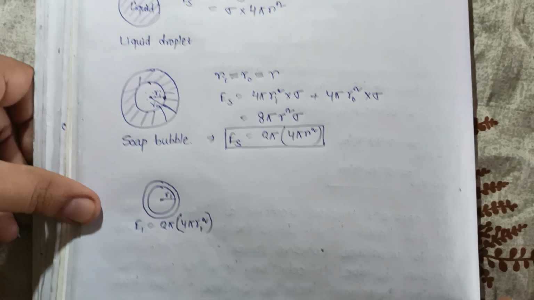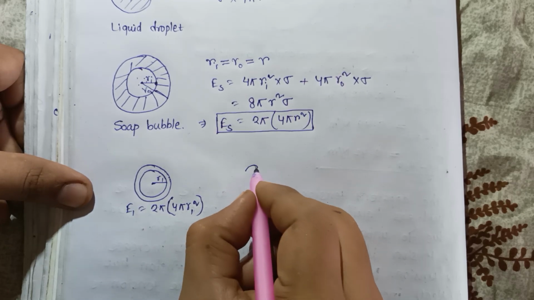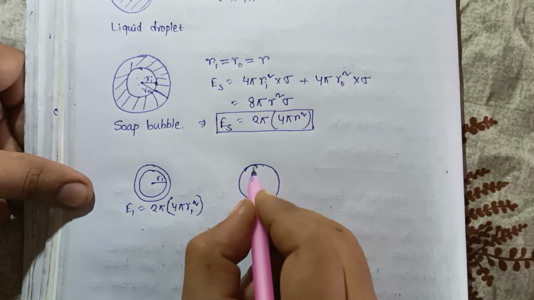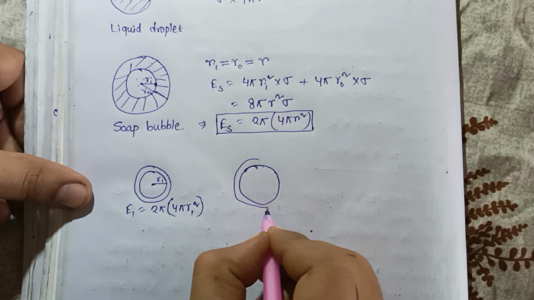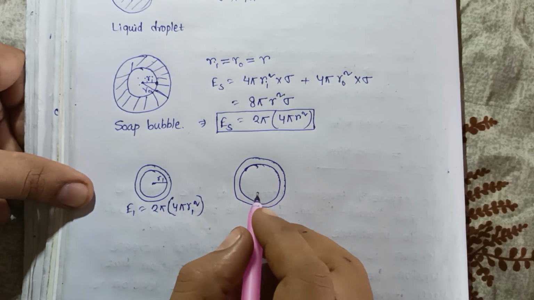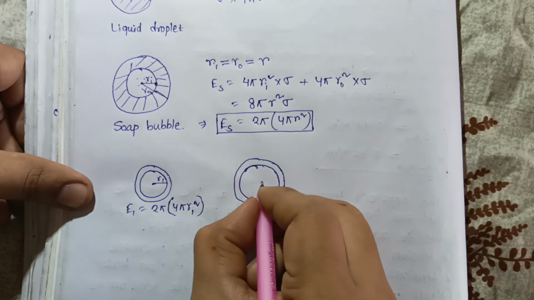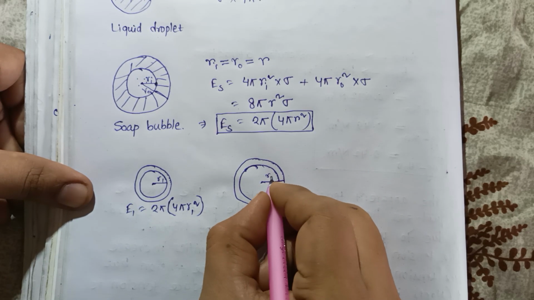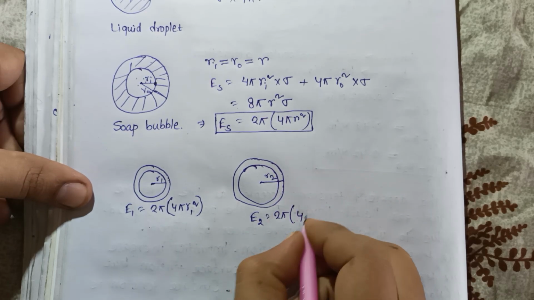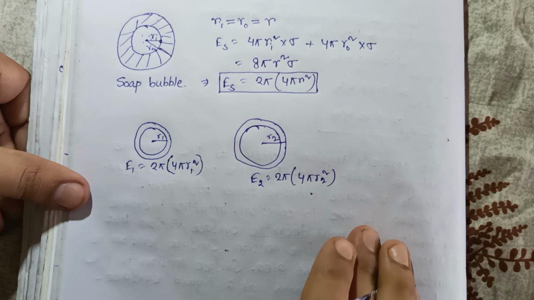If there is another, larger soap bubble with radius r2, its energy is 2 into 4 pi r2 square sigma.